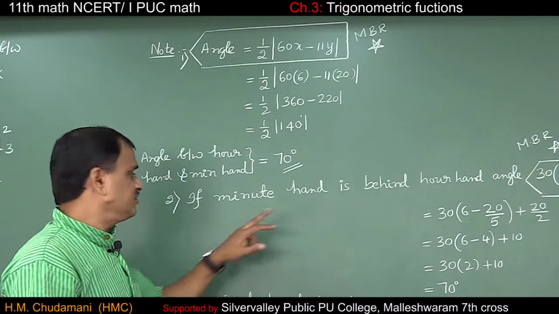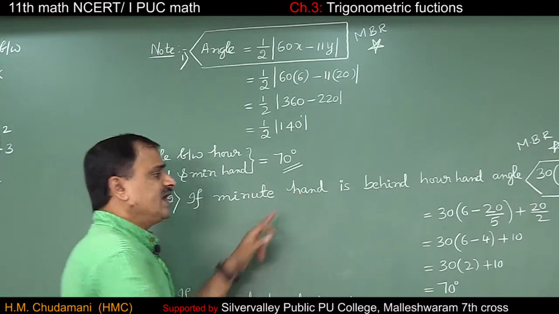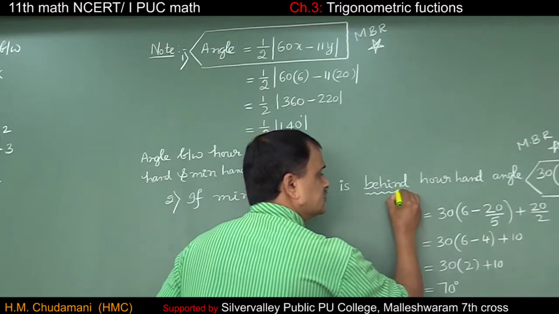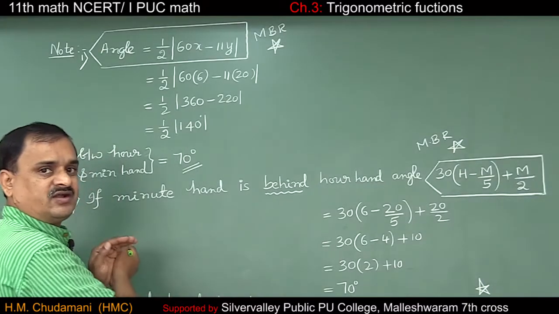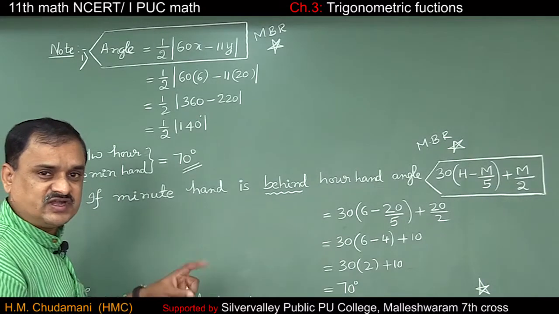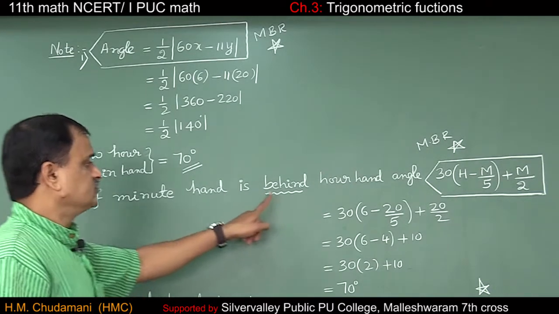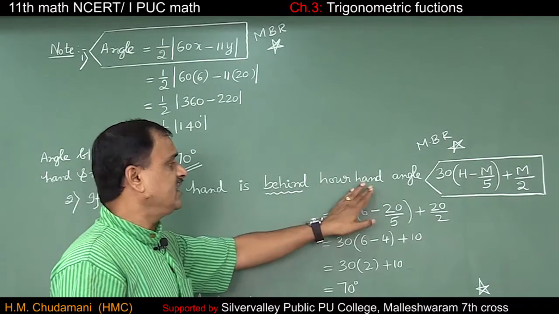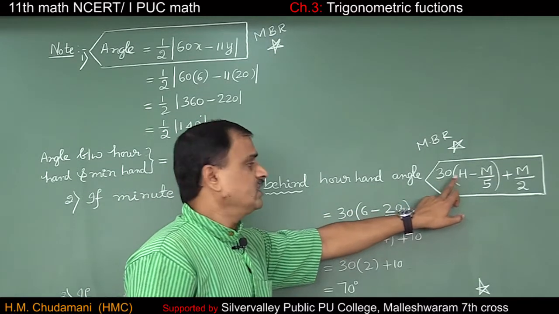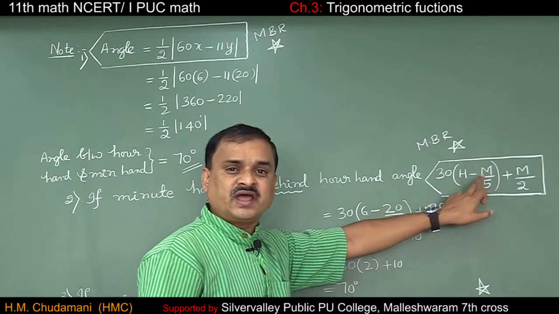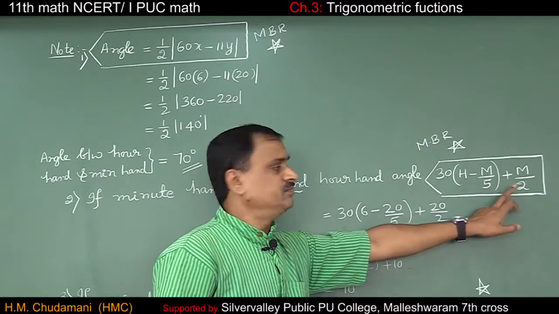This is the shortcut method you need to remember. Now the other shortcut method, the second note. If the minute hand is behind the hour hand, as at 6:20 where the hour hand is ahead of the minute hand, this is the formula: 30 into hour minus minute divided by 5, plus minute divided by 2.